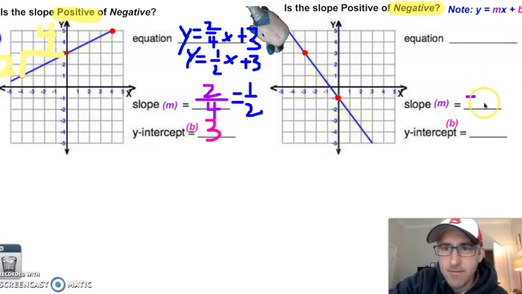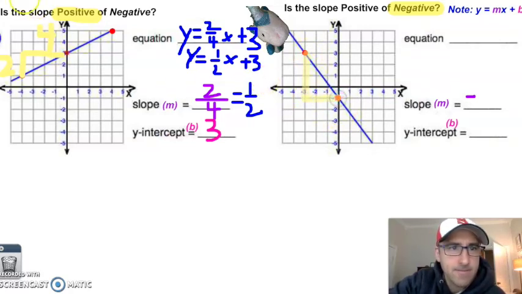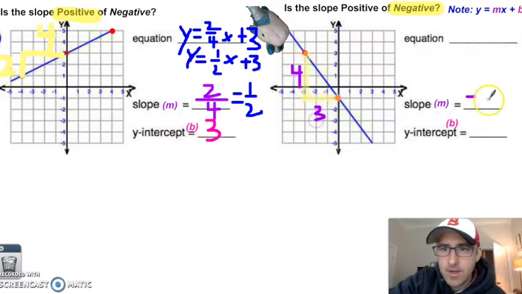Rise is on top of the fraction, run's on the bottom. So this time if we start up here, I'm going to make my dot smaller. We're going to go down 1, 2, 3, 4. So that's down 4 over 1, 2, 3. I'll write that on. So we went down 4 over 3.